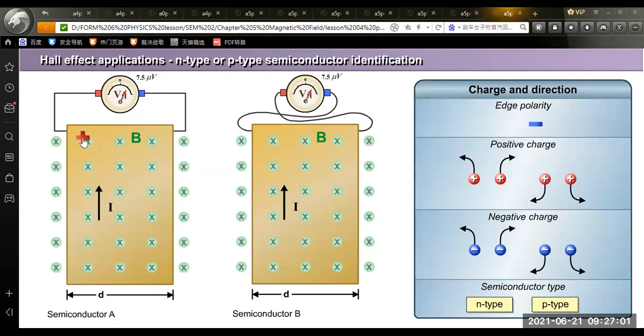If the positive and negative terminals are applied, positive here and negative here, the current flows in this direction. So the current will move from positive to negative, positive charge moves in this direction.